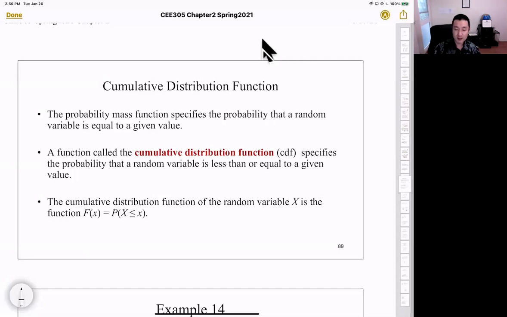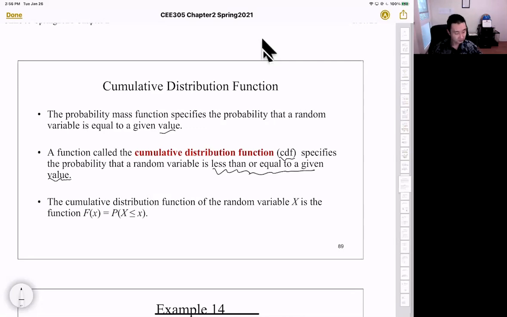The cumulative distribution function, or CDF, specifies the probability that a random variable is less than or equal to a given value. So basically we just add all the probabilities for the variable less than or equal to a given value.